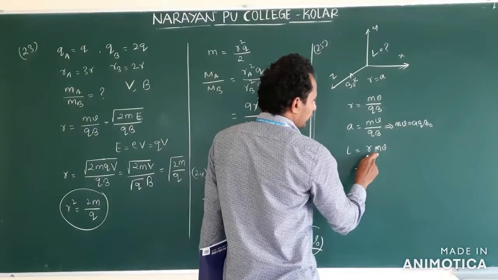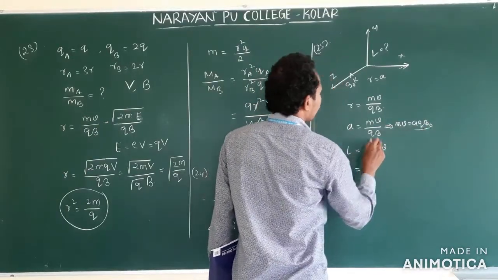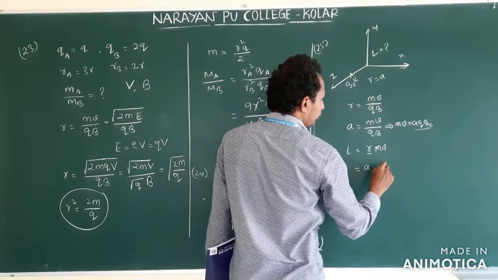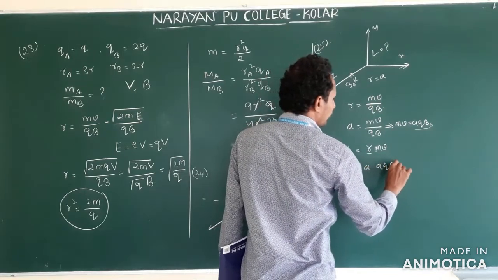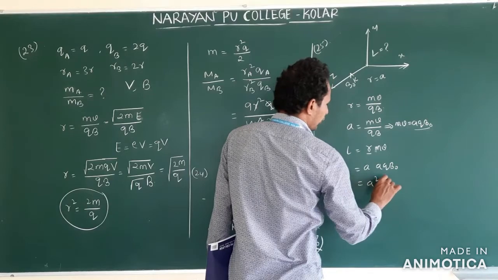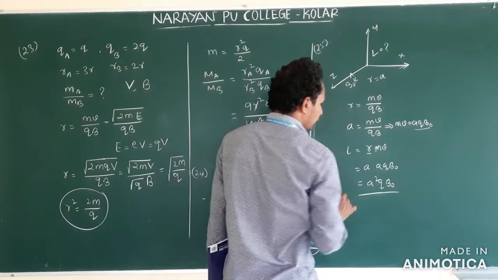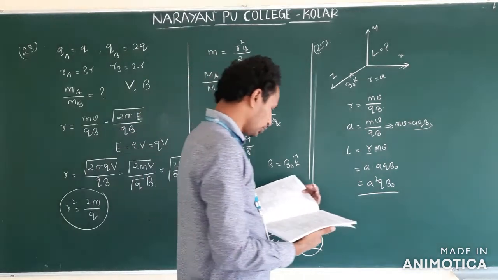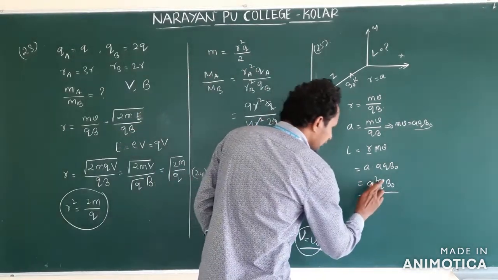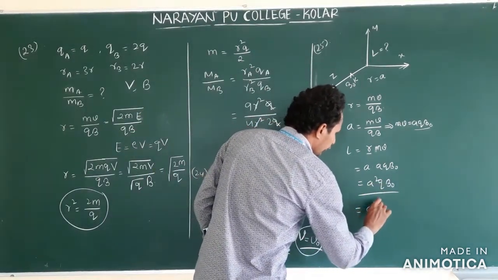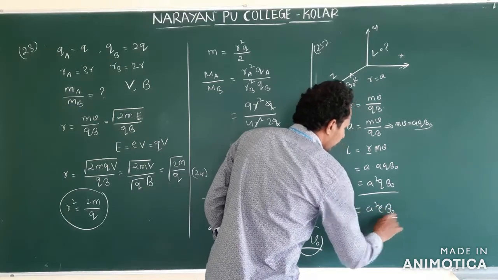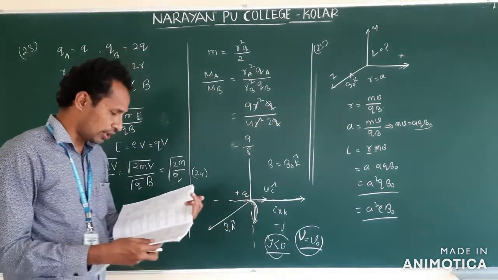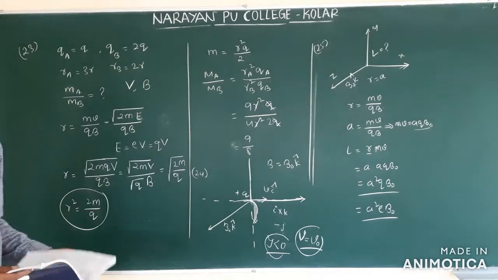Clear? mv is this one, r is a. So a into a q B naught, this is a square q B naught. They gave the charge as e. So instead of q, we get a square e B naught. This is the answer. Clear?